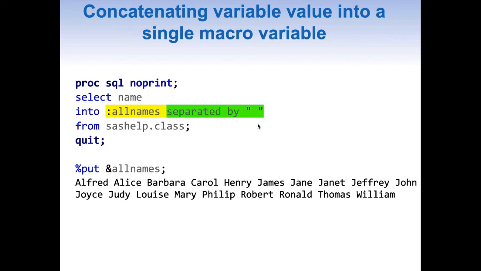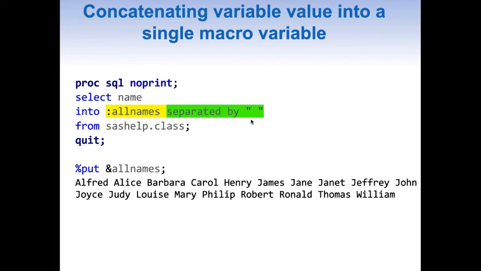This is important. We have never used this phrase separated by with any delimiter we want to mention. Here I am just mentioning space. When we create this macro variable and do %put &all_names, it will have all the values concatenated: Alfred, Alice, Barbara, Carol, Henry, James.